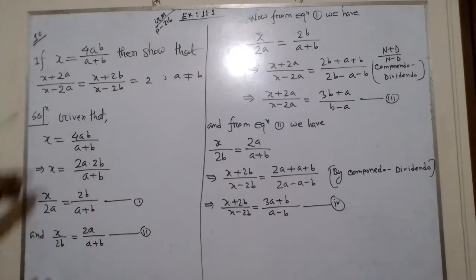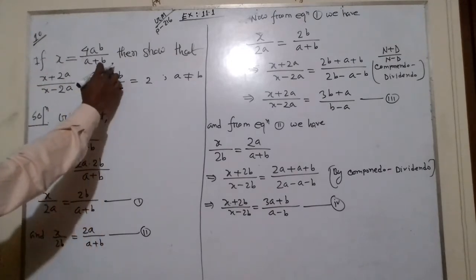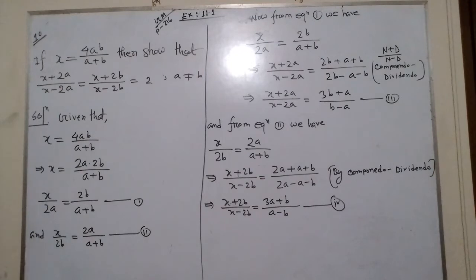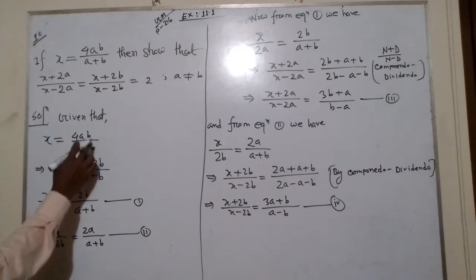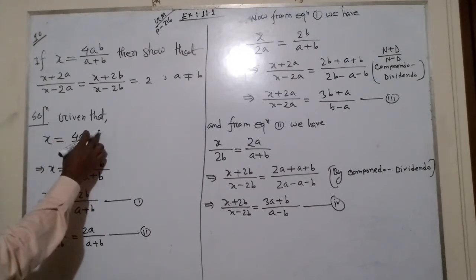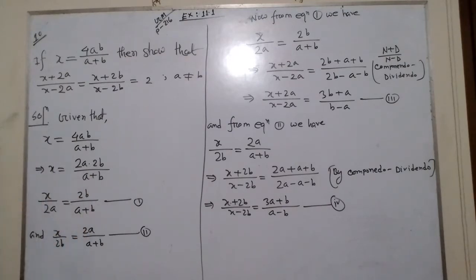Given that x equal to 4ab divided by a plus b. Now we can write x equal to 2a into 2b, because if we multiply 2a into 2b, it remains 4ab. So we can write 2a into 2b divided by a plus b.